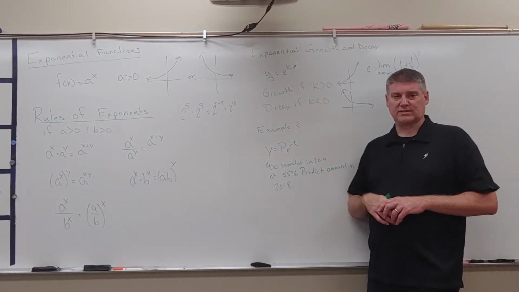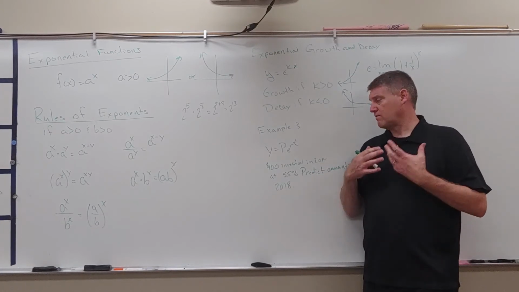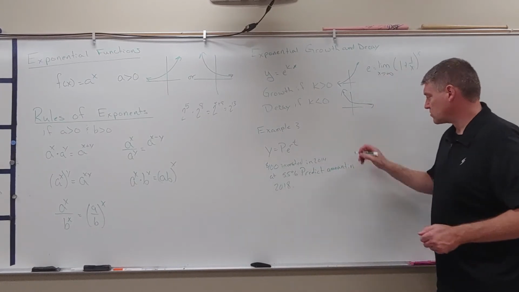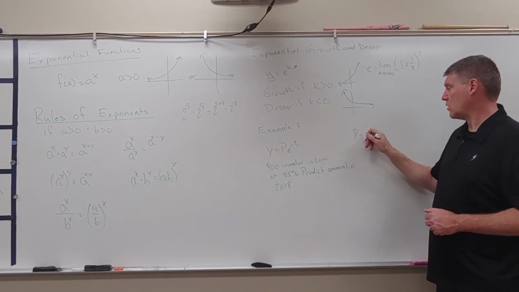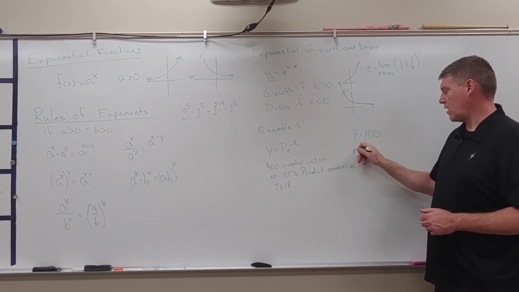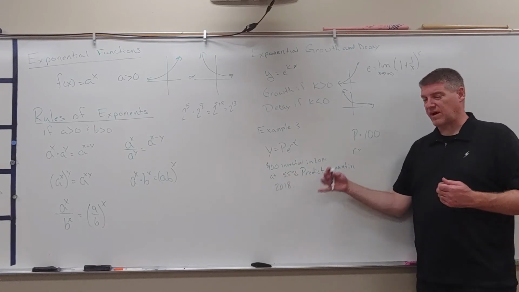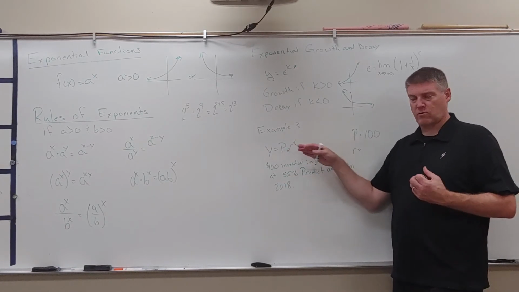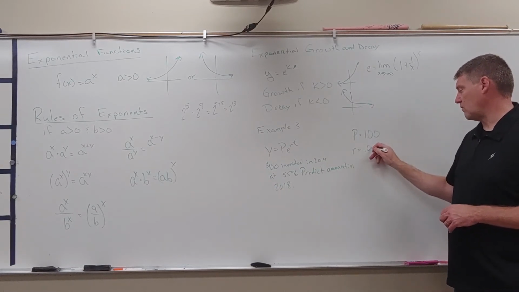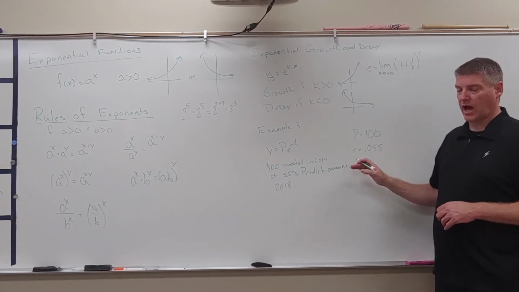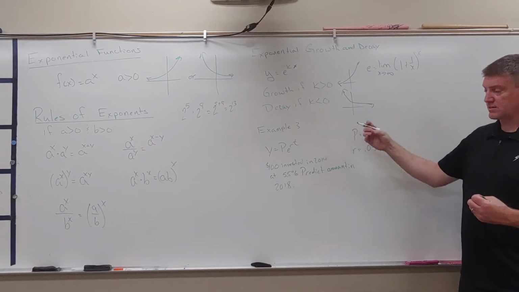Well, the first thing we need to do is set up our formula, okay? So I'm going to go, well, P is equal to 100. r is equal to 5.5%, but we don't write r with percentages. We write it as a decimal. So 0.055. And now I'm going to substitute in. t is my time.